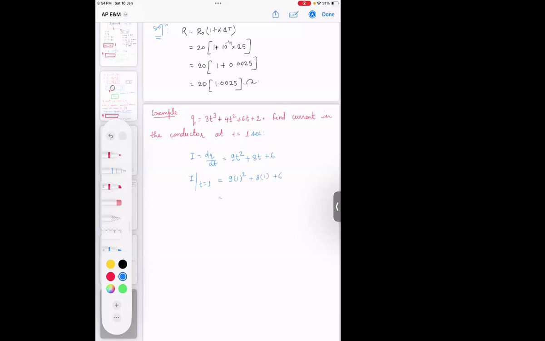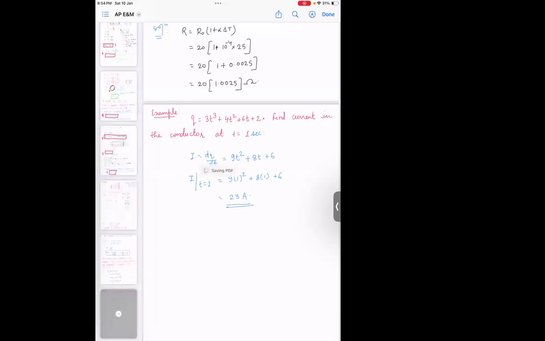So 9 plus 8, 17, plus 6, which is 23. That is the current in the conductor at t equal to 1 second. Please tell me, clear up to this? Charan, Lokesh, both of you.